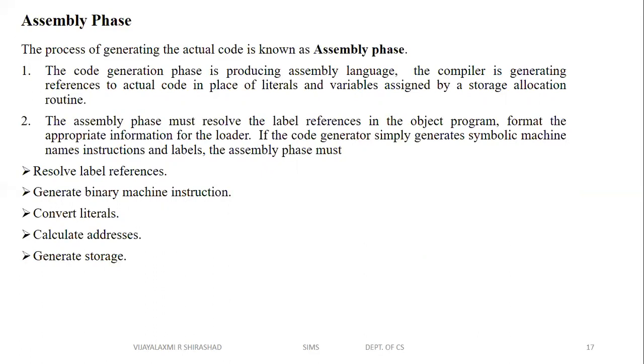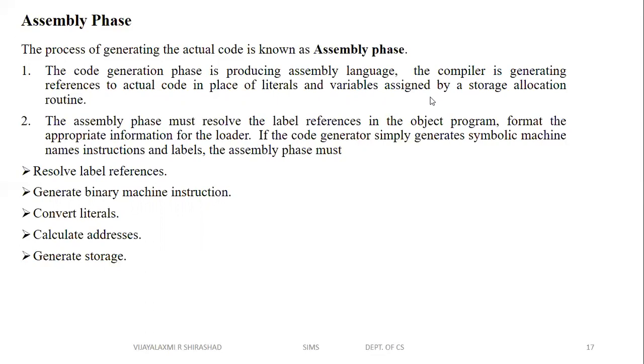If the code generator simply generates symbolic machine names, instructions, and labels, the assembly phase must resolve the label references, generate binary machine instructions, convert all literals, calculate the addresses for the literals, and generate the storage. All these processes have to be resolved by the assembly phase itself.